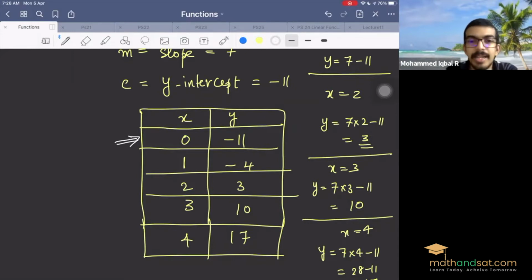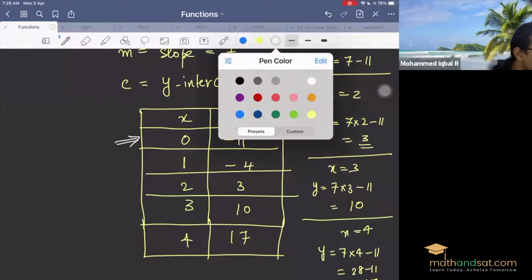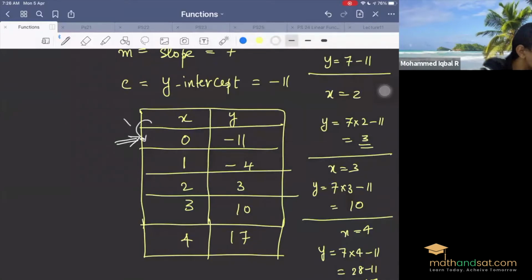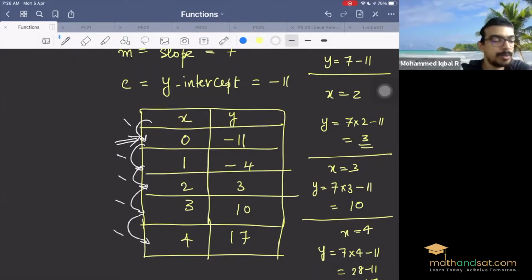Yes, exactly. Robin, see, if I keep incrementing the input by 1 unit, 1 unit, 1 unit. Here it's 1 unit. Going from here it's 1 unit. Going from here it's 1 unit.